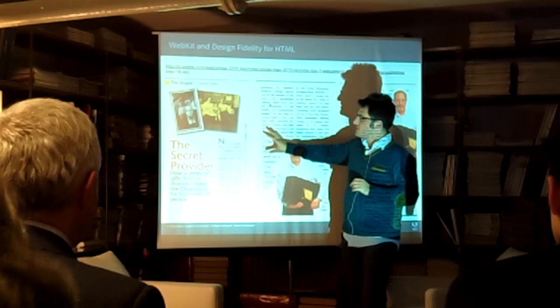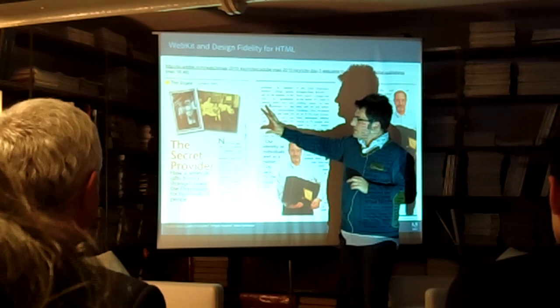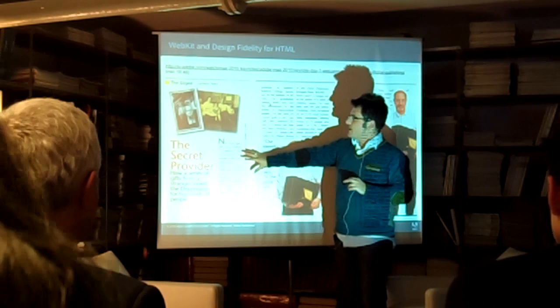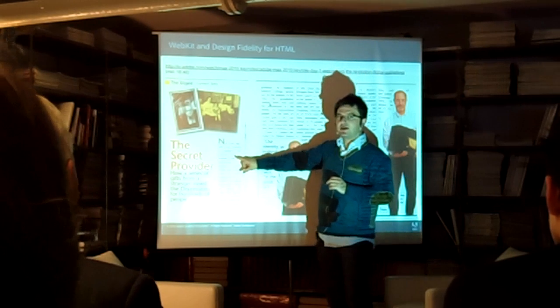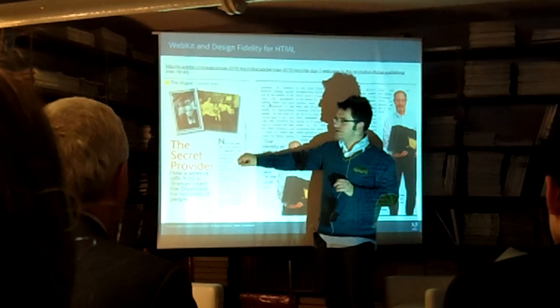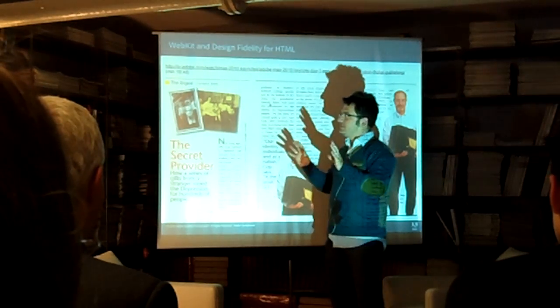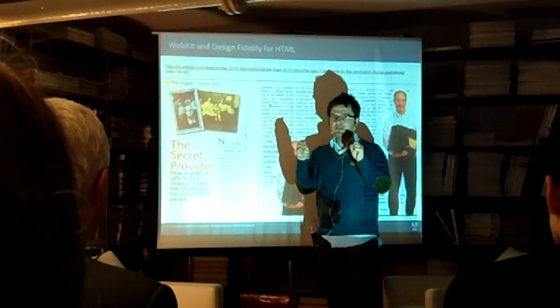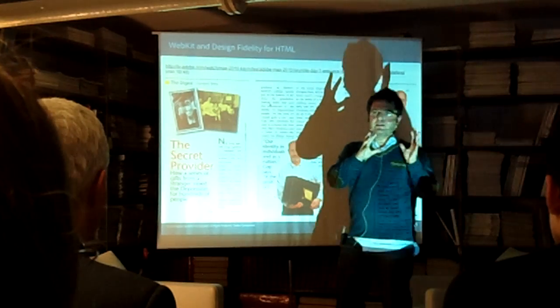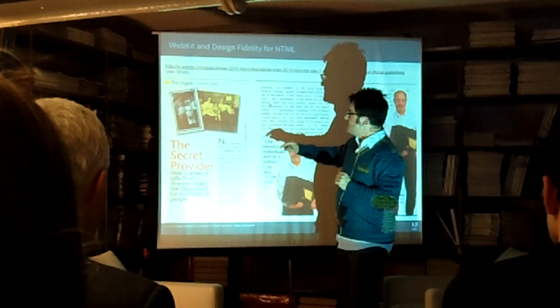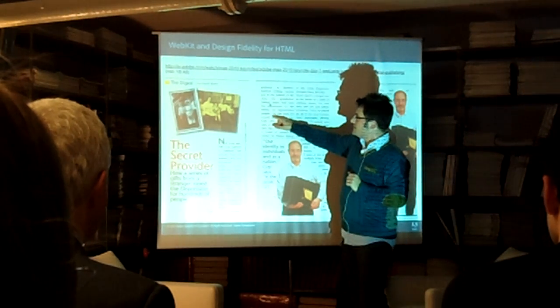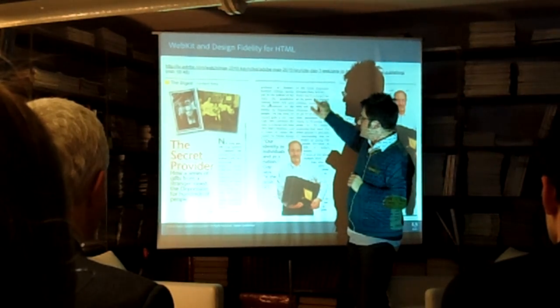What I have here is an HTML page rendered on an Android device using a special WebKit. So what we've done was to take the WebKit, which is open source, and modify it to add new CSS properties in order to be able to render the text in arbitrary shapes.